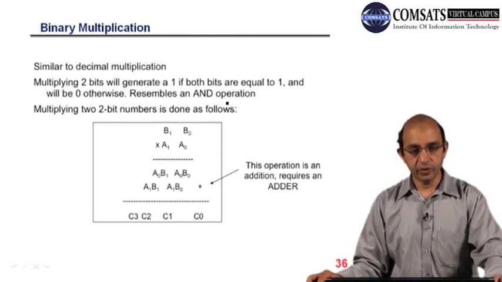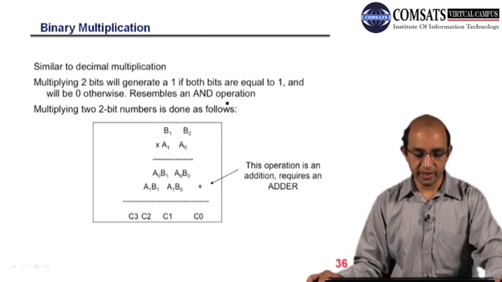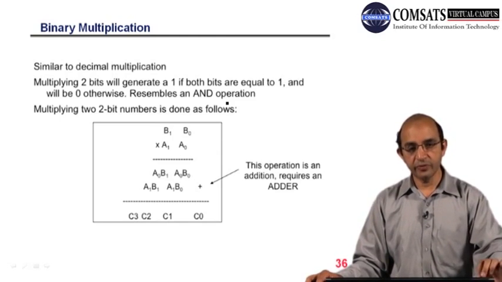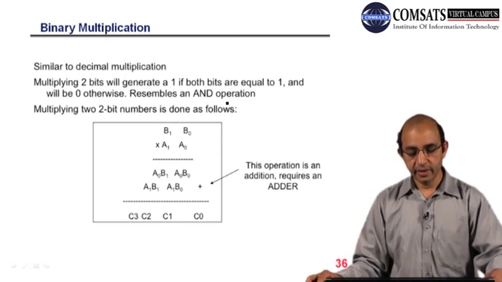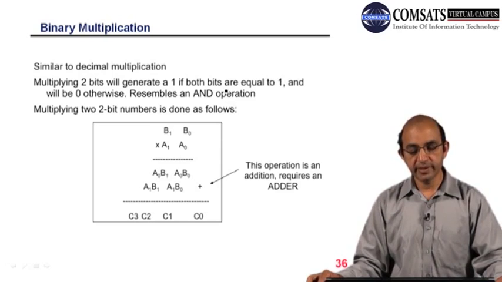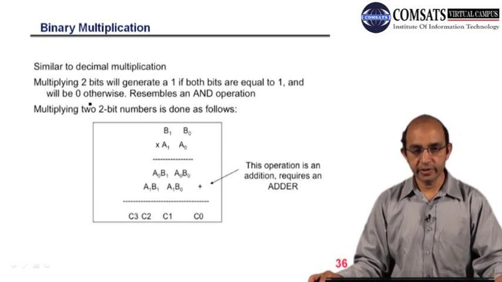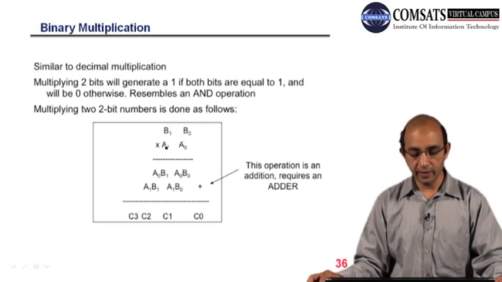This operation, as we all know, is similar to decimal multiplication. Whenever we multiply two bits, the result will be 1 if both bits are 1, and we will have 0 otherwise. So this is very similar to the AND operation. So let's have the multiplication. We have a 2-bit binary number B1 B0, which has to be multiplied with A, which has 2 bits, A1 A0.